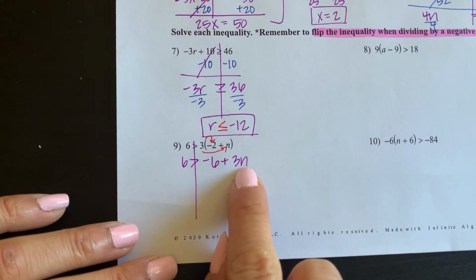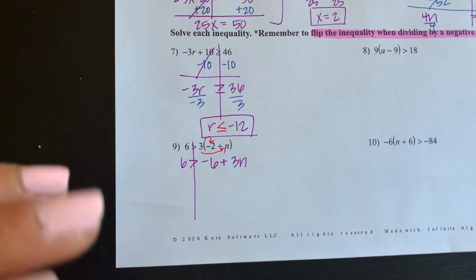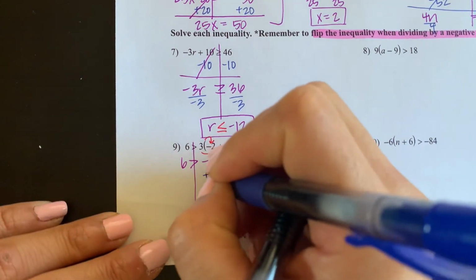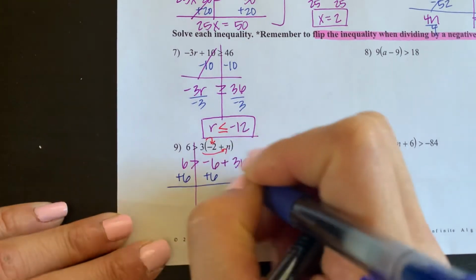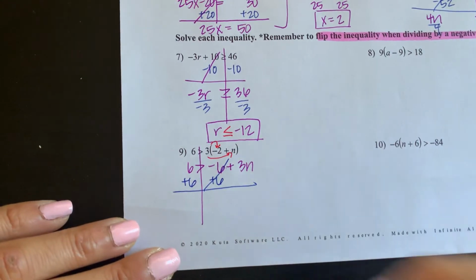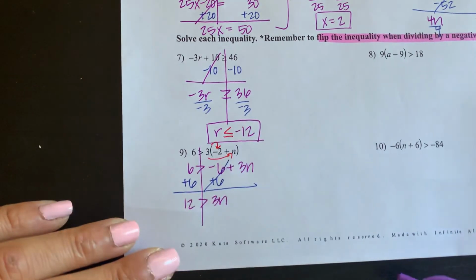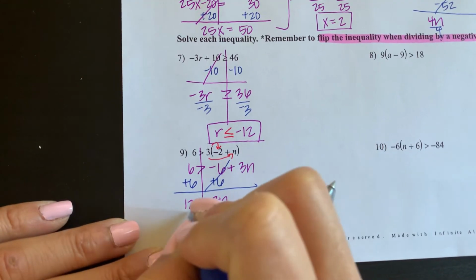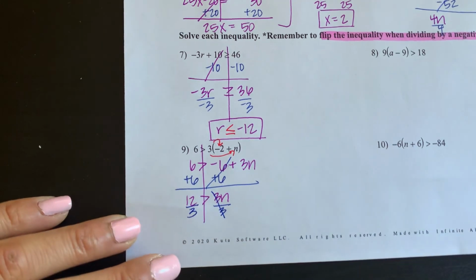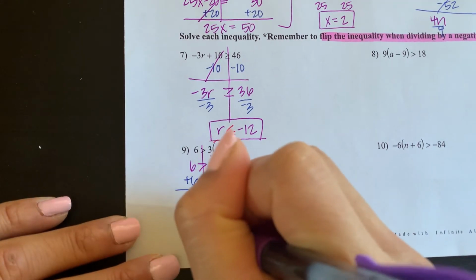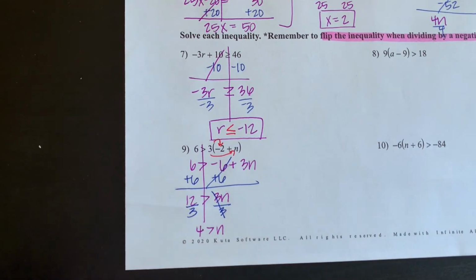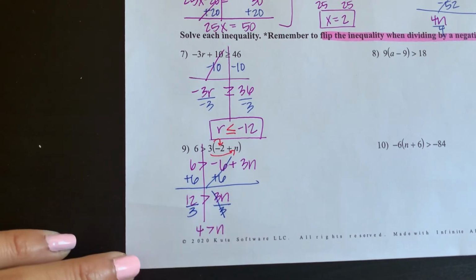We want to get n by itself, so we're going to take the inverse of negative 6, just positive 6. 6 plus 6 is 12. Bring down the 3n. Divided by 3. 12 divided by 3 is 4. And we're not going to flip the sign because that 3 is positive.